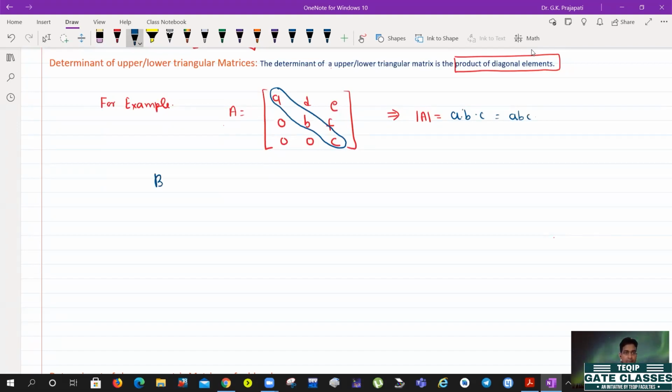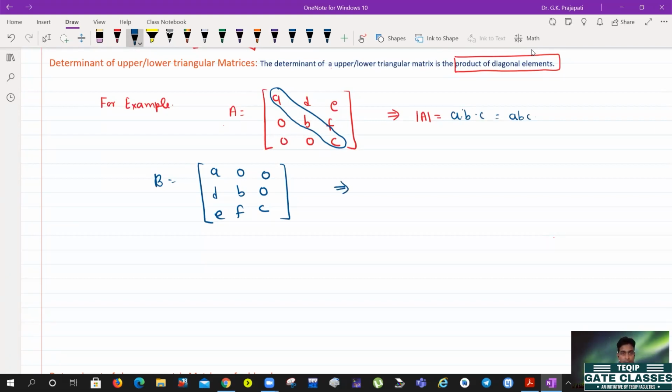Similarly, we can take another matrix B, a lower triangular matrix. In a lower triangular matrix, we can take any elements a, b, c, here d, e, f, and above the diagonal elements, all the entries must be 0 for lower triangular matrices.